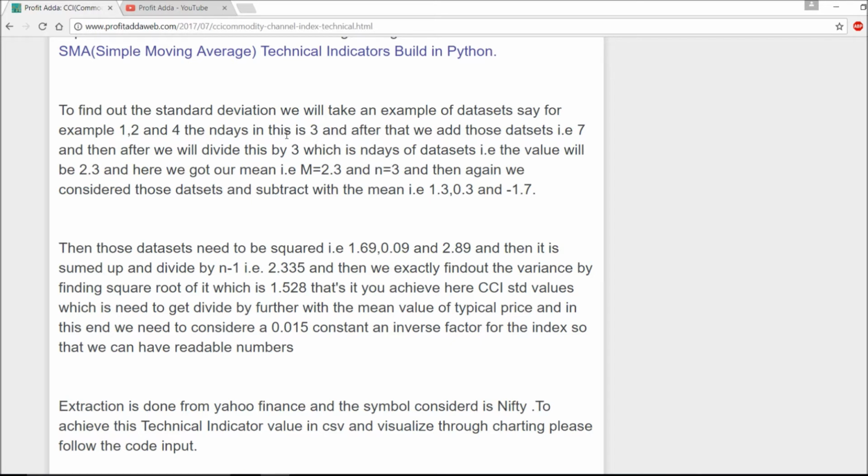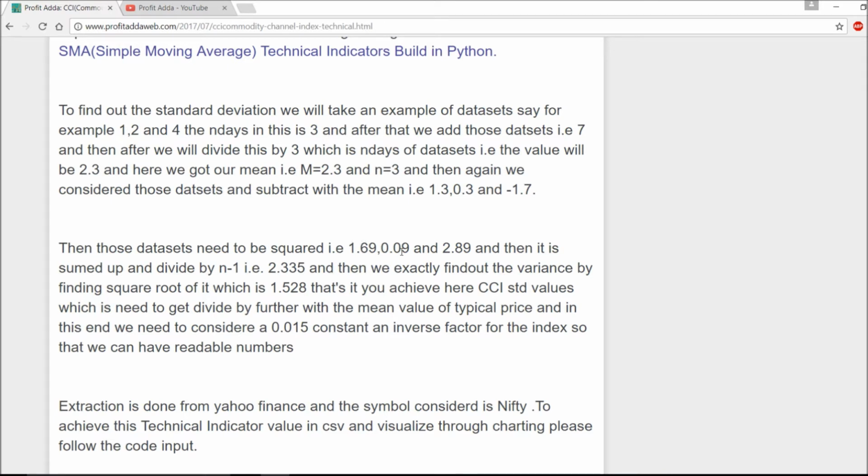To find the mean value, we sum up the elements and divide by 3, so we get the mean value, which is 2.3, and the n value is 3. After that, the mean value should be subtracted from each element of this example data set. Then each difference needs to be squared, to the power 2.